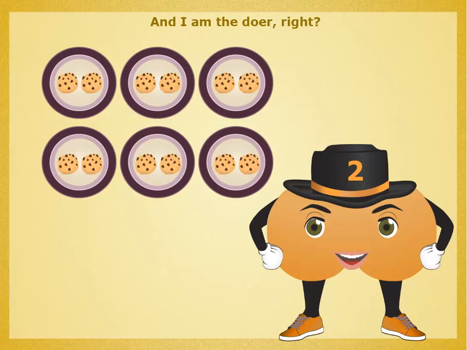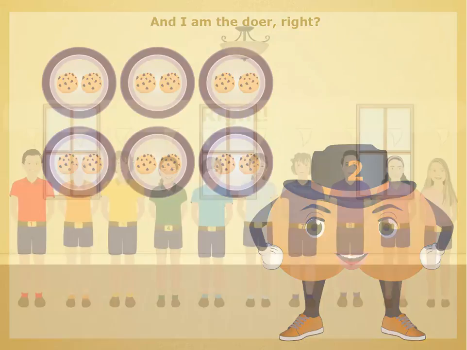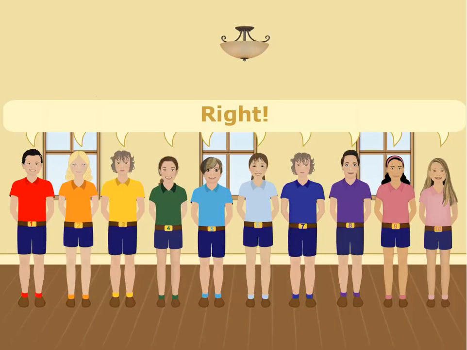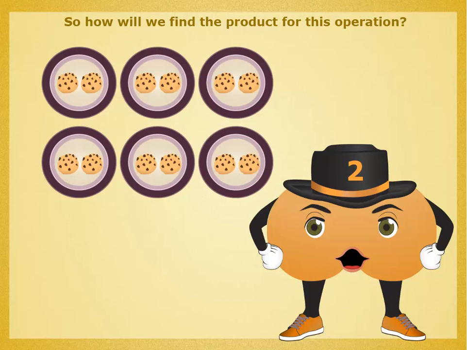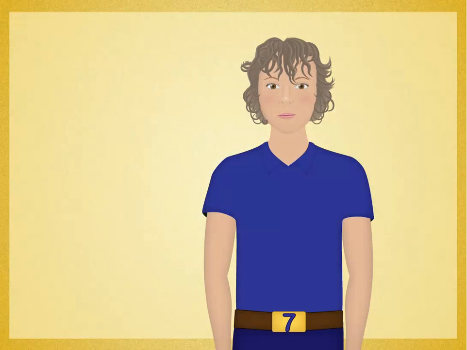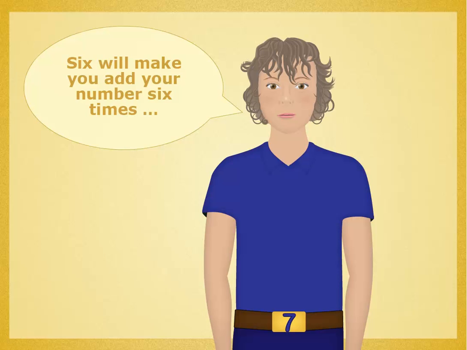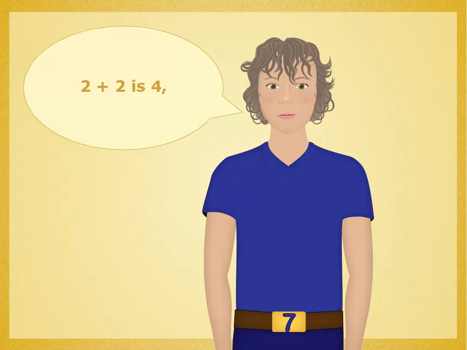And I'm the doer, right? Right. So how would we find the product for this operation? 6 will make you add your number 6 times. 2 plus 2 is 4, and 4 plus 2 is 6, and 6 plus 2 is 8, and 8 plus 2 is 10, and 10 plus 2 is 12. So, 2 times 6 and 6 times 2 both equal 12.